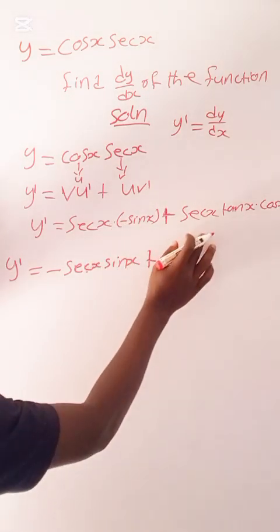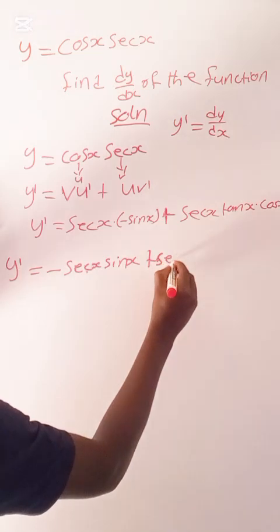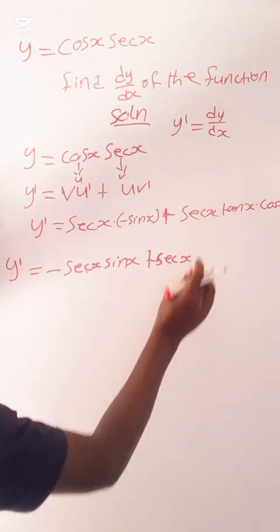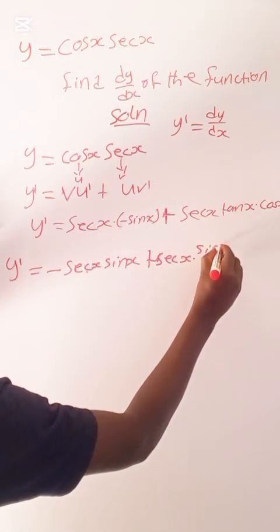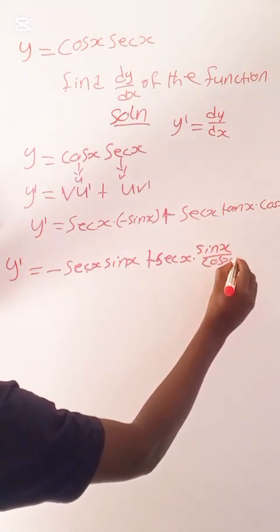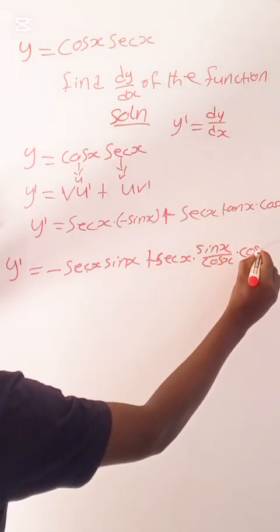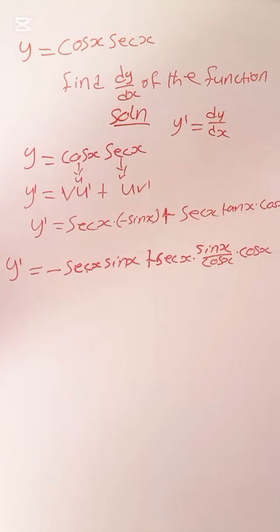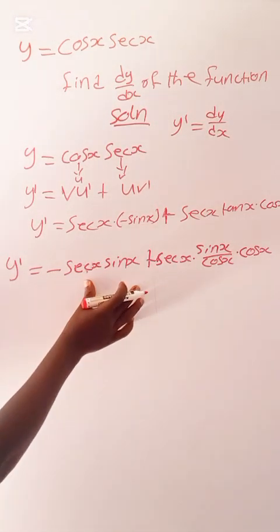Then plus sec x tan x, which is the same thing as sine x over cos x, then multiplied by this one, which is cos x.